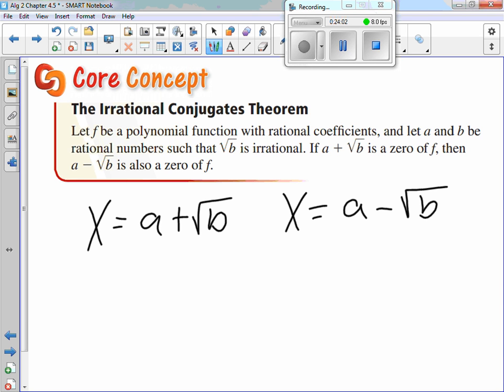If x is equal to a plus the square root of b is a solution, then x equals a minus the square root of b is also a solution. If we have one, we have to have the other. We good with this here?